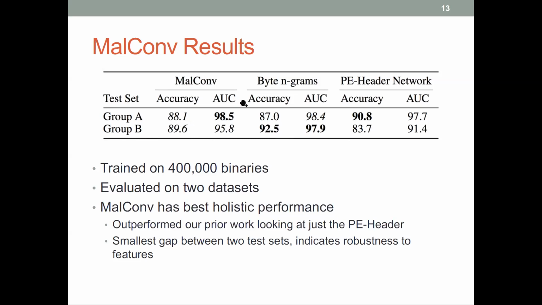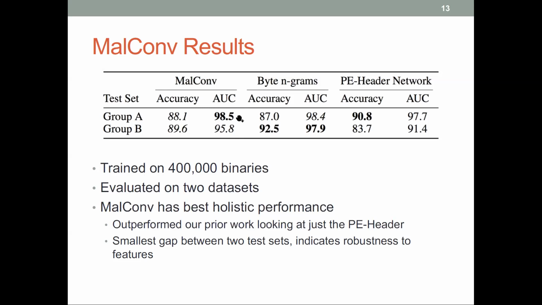The other metric they report here is AUC, area under the curve. This metric is essentially a measure of how well a model distinguishes between the two classes. If we give it a malware sample, how many of the output probabilities are significantly higher than 50%?